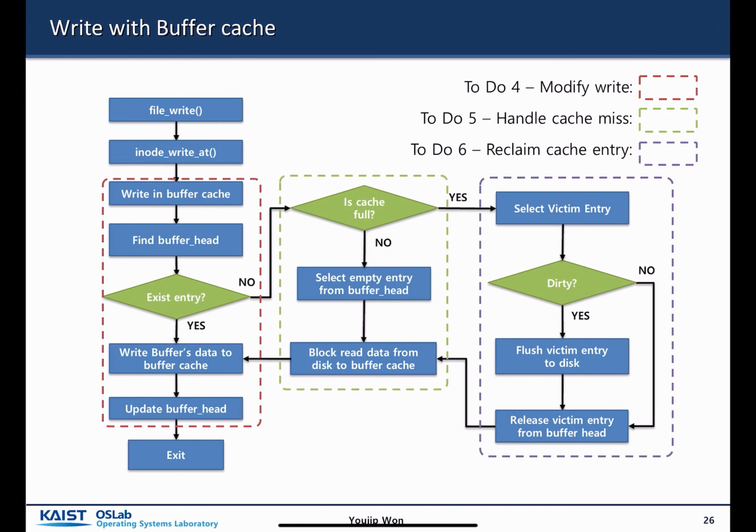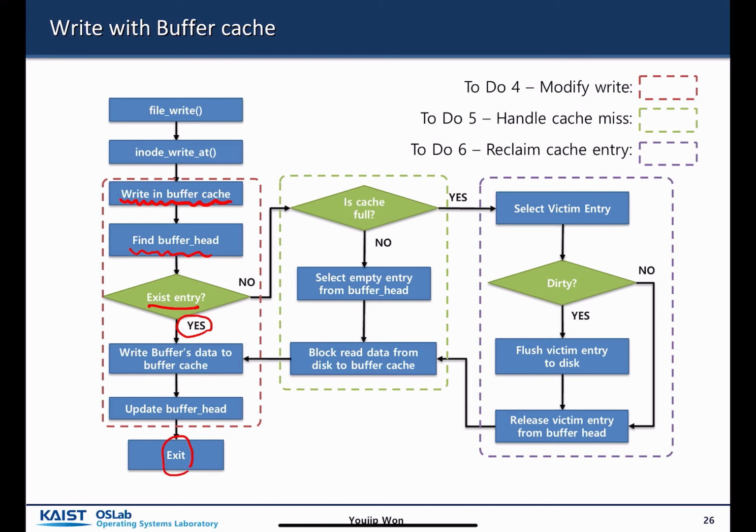Writing with the buffer cache is similar. So you have to write in the buffer cache. Find the buffer head if those blocks already exist in the buffer cache. If they exist, then you're lucky. Then update the buffer cache, and you're done.